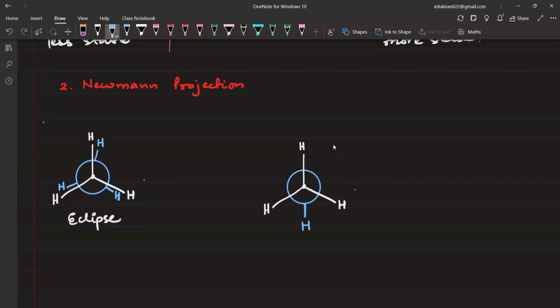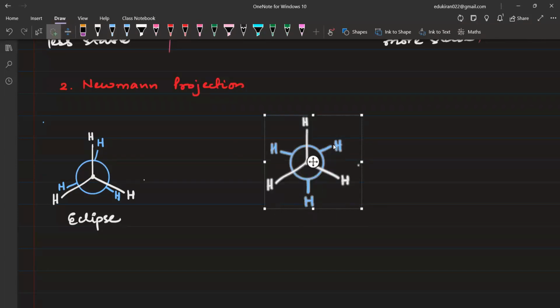Just opposite to the initial, just opposite to the initial, and just opposite to the initial. Here you can very easily see that all the hydrogens are very far apart from each other. And this is staggered configuration. Write this down. Raise your hand once you are done.